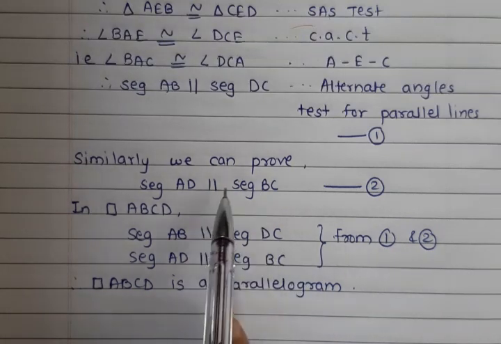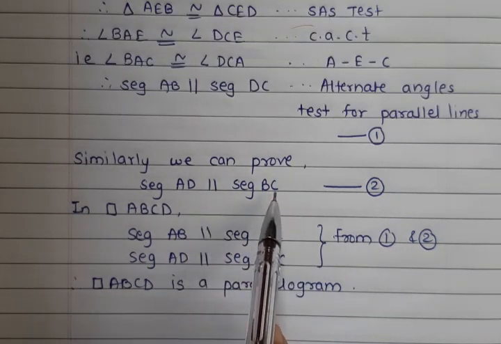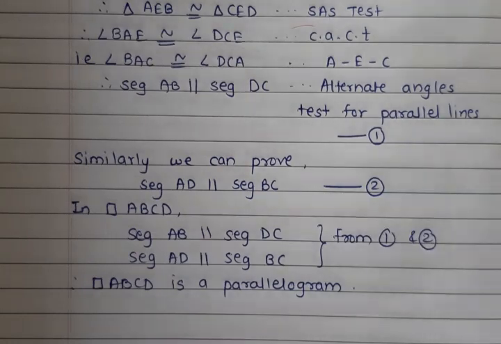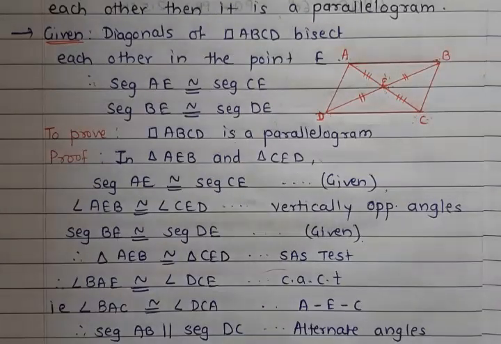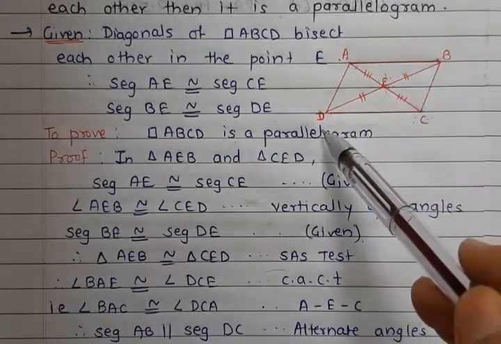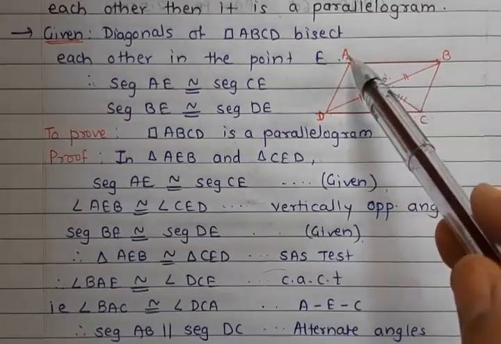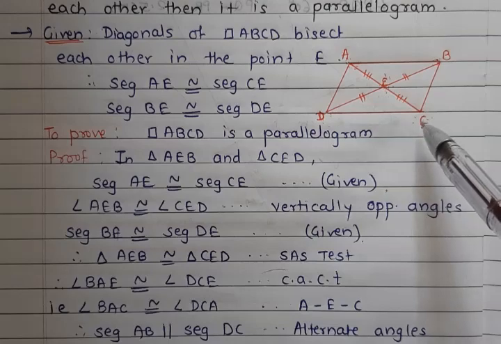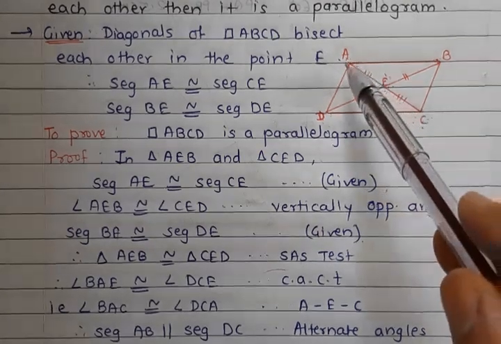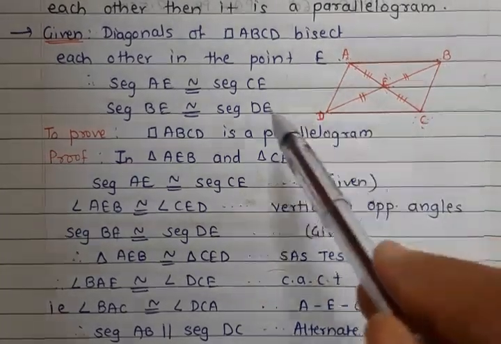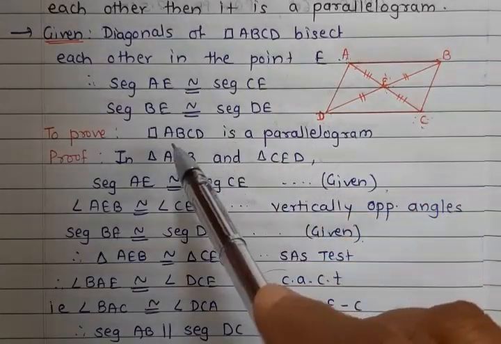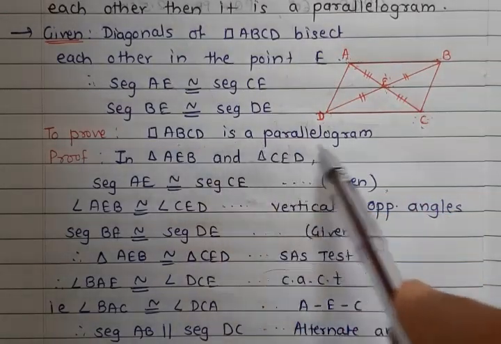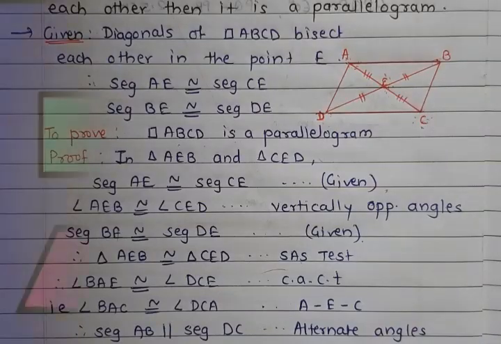Similarly, we can prove that segment AD is parallel to segment BC. Therefore, by the definition, quadrilateral ABCD is a parallelogram. Okay, got it everyone?